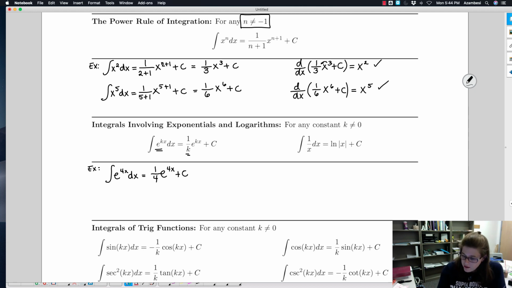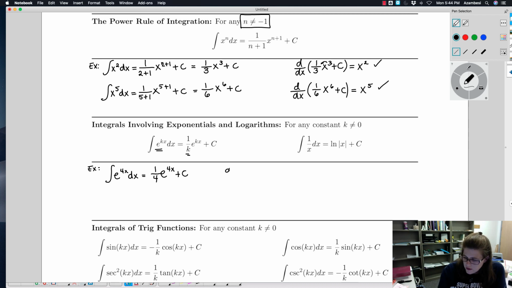As far as a check, if I want to take the derivative of that, taking the derivative of 1/4 e to the 4x plus c.